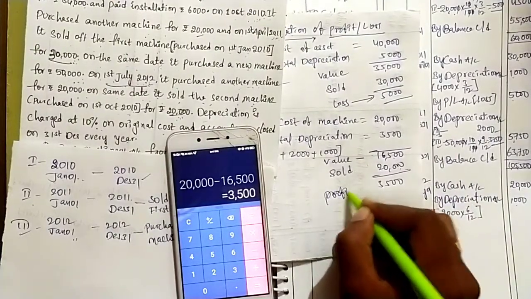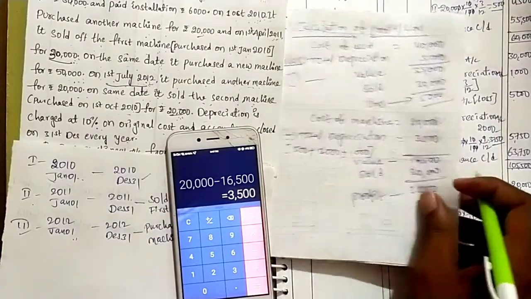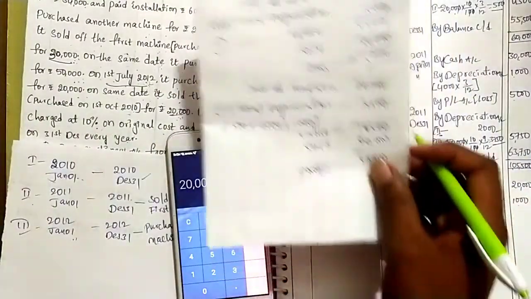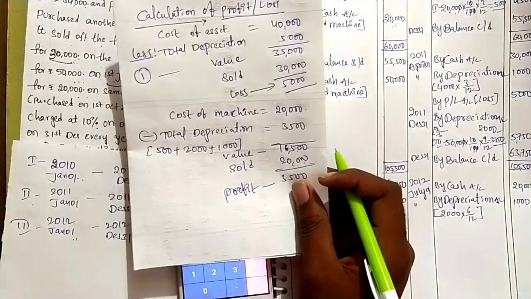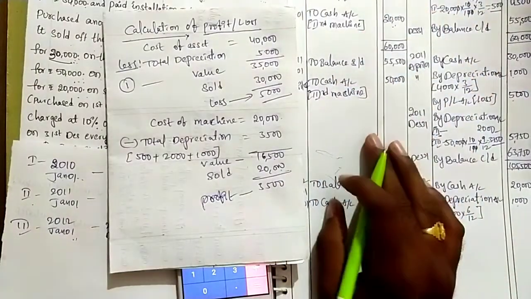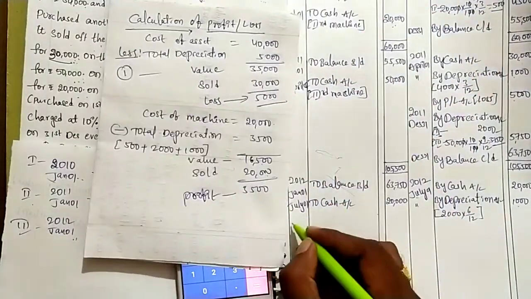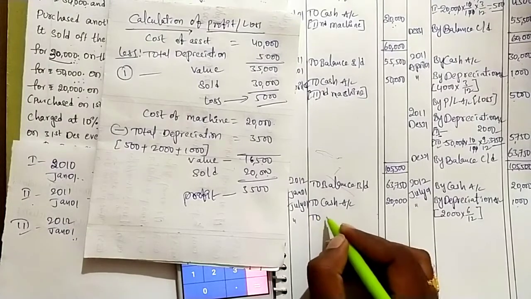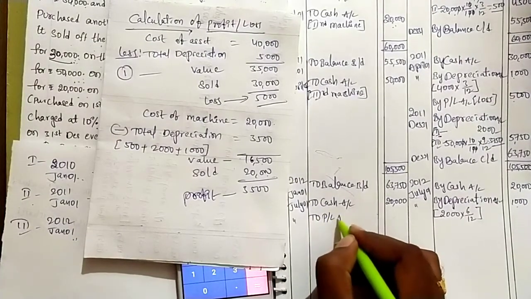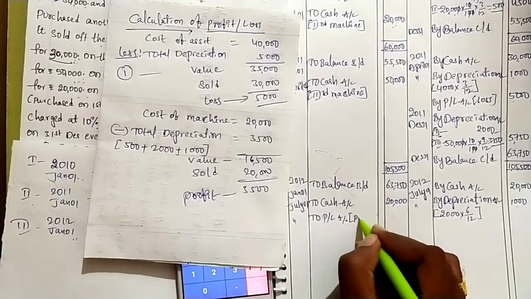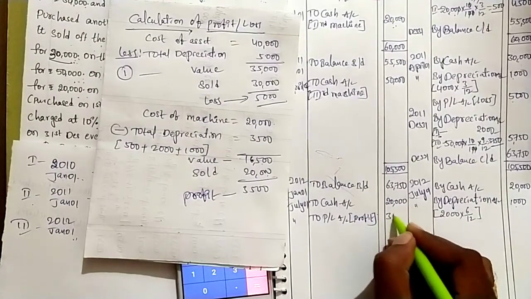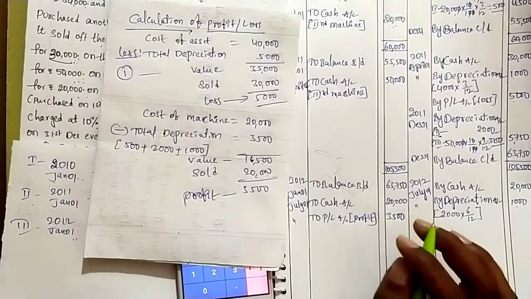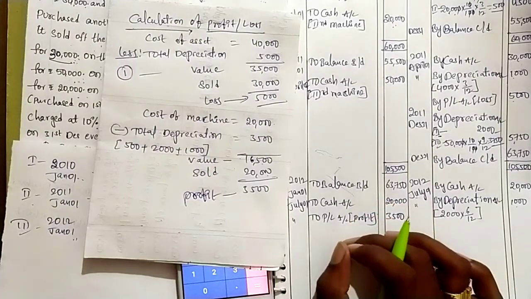At the time of profit, profit and loss account is credited, so the machinery account is debited. So we have to write in the debit side to profit and loss account, in brackets profit, 3,500 rupees. That's it. Second machine closed.